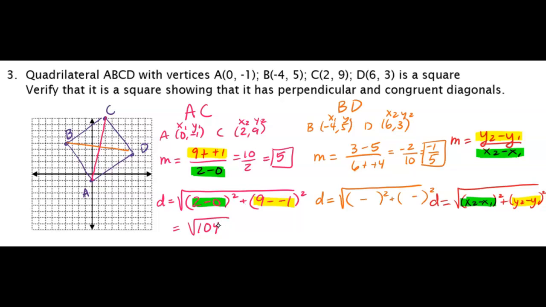So in the first parentheses, I'm going to put 6 minus -4, and in the second parentheses, we'll have 3 minus 5. So now what we can do is plug all of the stuff under the radical into the calculator, and it does in fact give us 104. So I've now shown that the diagonals are perpendicular because their slopes are opposite reciprocals, and I've also shown that the diagonals are congruent because they have the same distance.